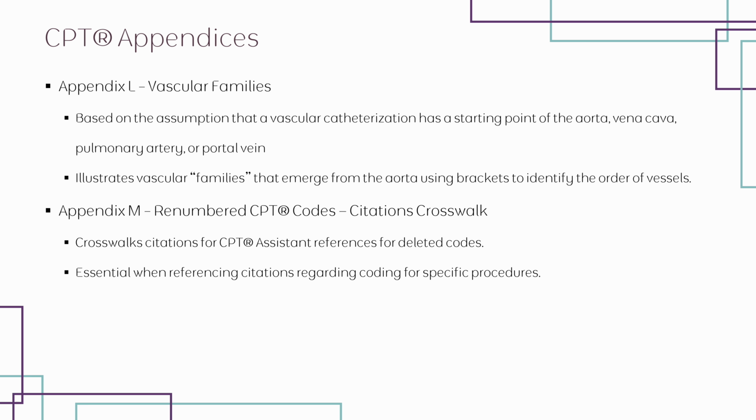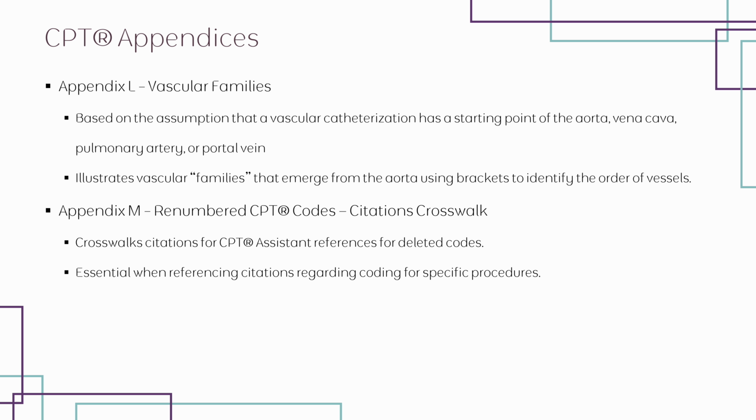Next, let's turn to Appendix L. Appendix L will play an important role in coding for vascular procedures. It provides visual and written guidance that illustrates the vascular families emerging from the aorta.